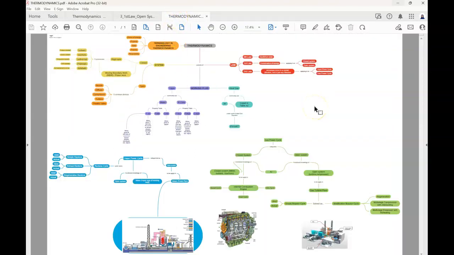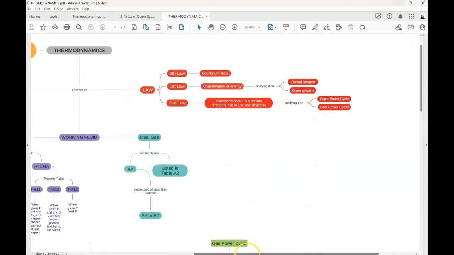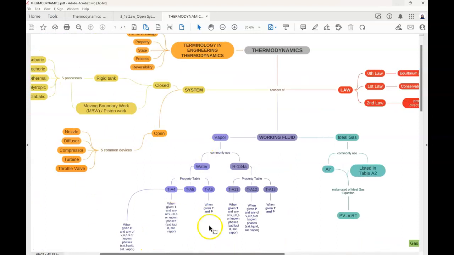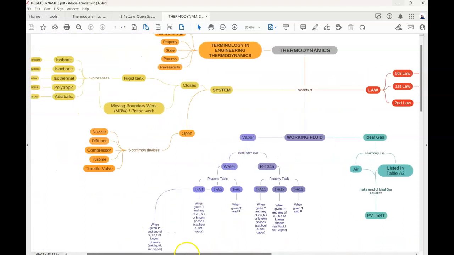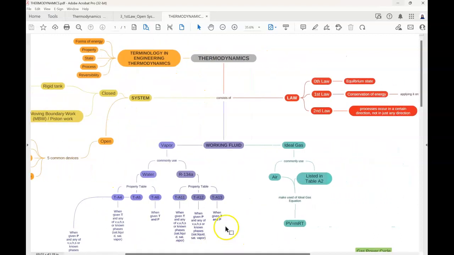Alright, so let us recap a bit on what we have learned so far. By now we are already in open system, and we have 5 common devices over here. It is intended in this video to show you an example from one of these, which make use of either of two types of working fluids.